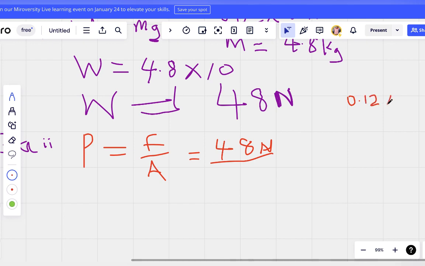The area of the base will be equal to 0.12 multiplied by 0.16, and then we will get the area of the base. If you multiply this, you get 0.0192.